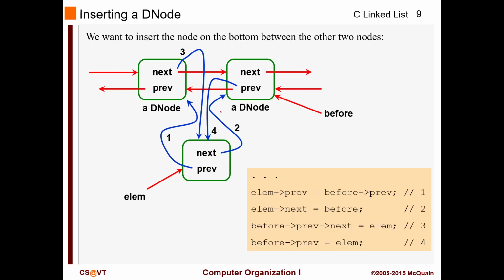So when we want to add or insert a node inside the dlist, this is what we do. The first thing we do is take the next of the new one and point it to the old position, and then that old position is going to point to our new node.